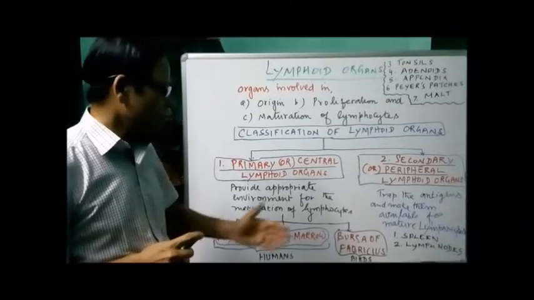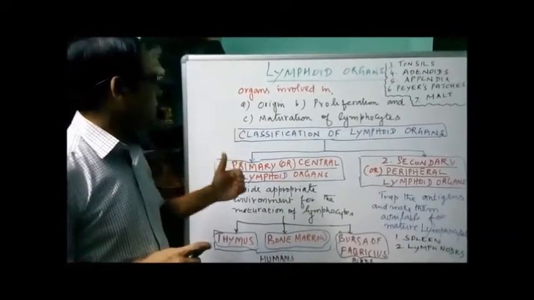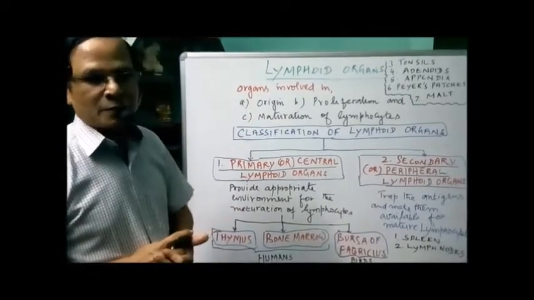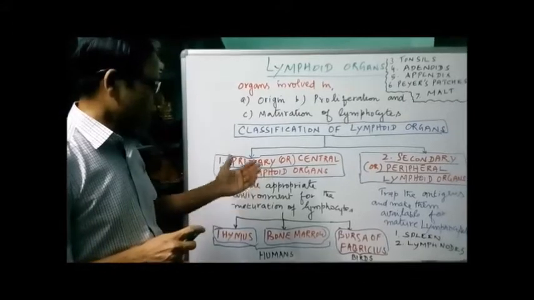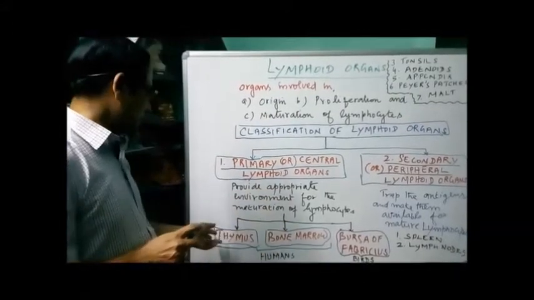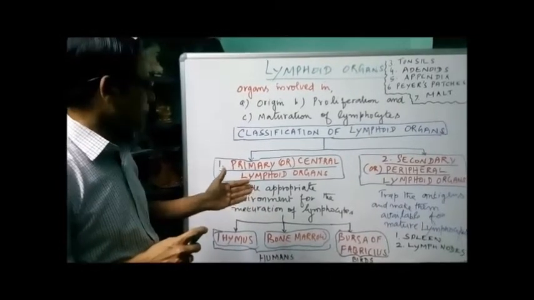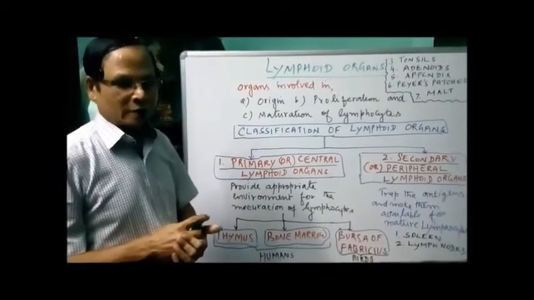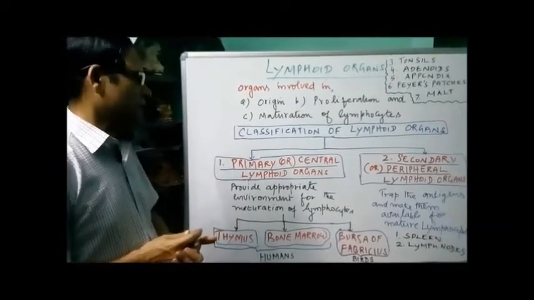So bursa of Fabricius in birds and thymus and bone marrow in humans together constitute the primary lymphoid organs, the place of maturation and selection of lymphocytes.